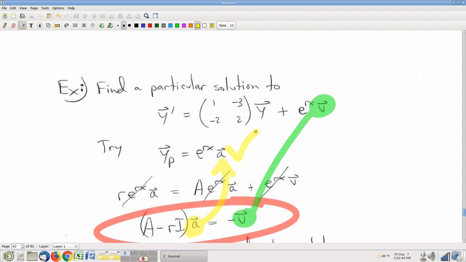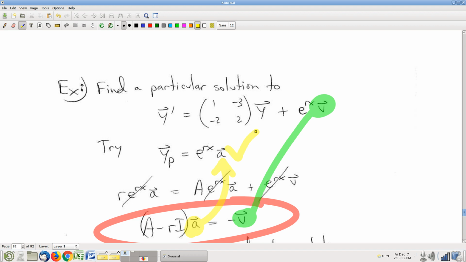And usually this works. Most of the time this works. Sadly, this doesn't always work. Here's a case where this wouldn't work. What if A minus Ri is not invertible? What if this matrix is singular?